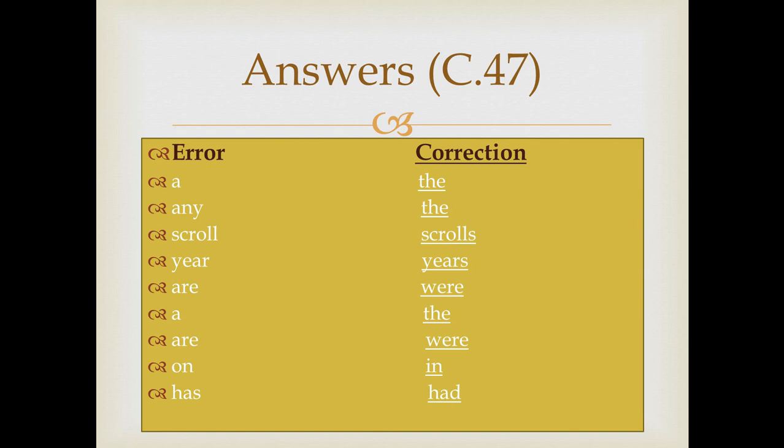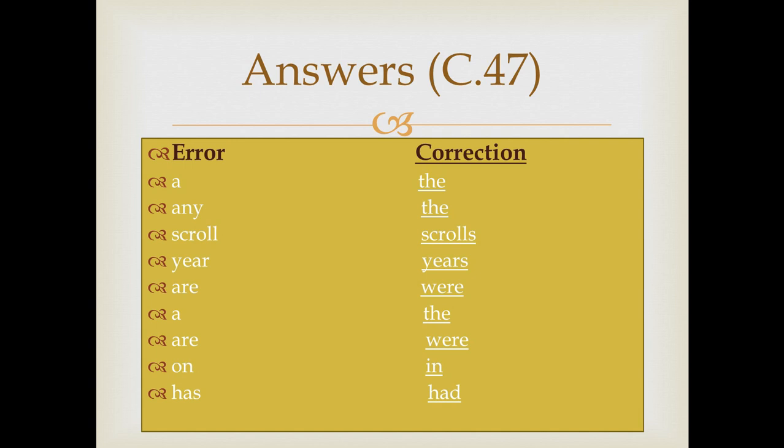Okay, so we are going to replace "are" with "were". They were discovered in mid 1900s in caves near the northwestern shore of the Dead Sea. Near the. "A" will be replaced by "the". The northwestern shore of the Dead Sea in Palestine and Israel.